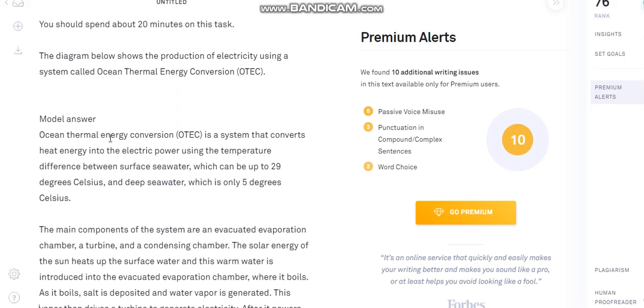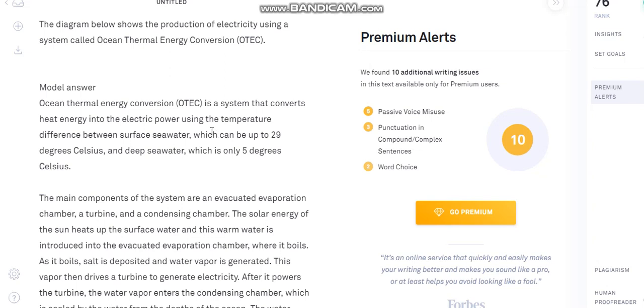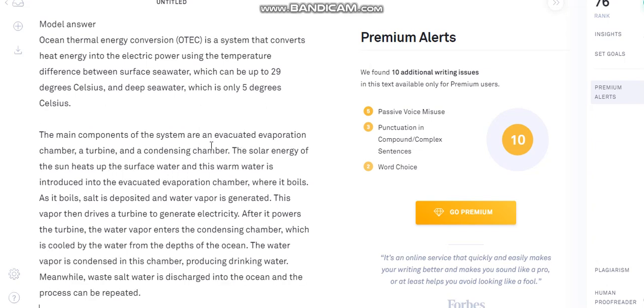Okay, ocean thermal energy conversion is a system that converts heat energy into the electric power using the temperature difference between surface seawater, which can be up to 29 degrees Celsius, and deep seawater, which is only 5 degrees Celsius. So that word "only" is kind of writing related word. The main components of the system are an evaporation chamber, a turbine, and a condensing chamber.